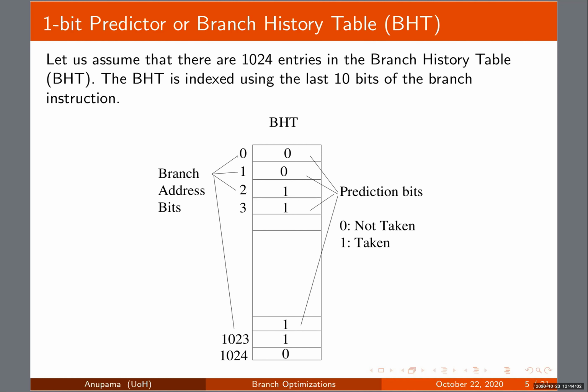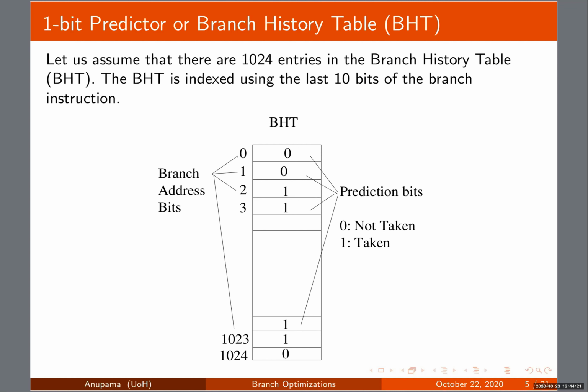We initialize, because our usual strategy is the branch not taken assumption, right? Why? Because if it's not a branch instruction, there is no taken, so you need to fetch the sequential instruction after the current instruction.